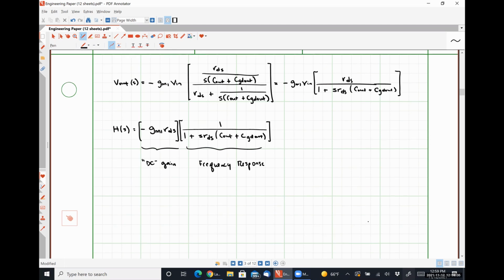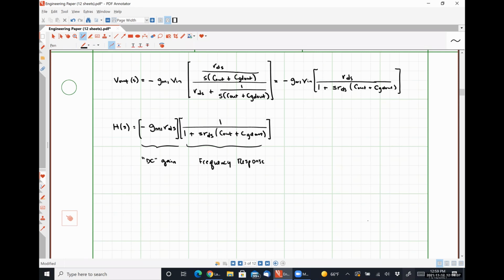We have a pole for our transfer function, omega p, and I'm just going to call it omega p out because it's obviously associated with our output node. And so let's call that 1 over RDS times C out plus C GD out.